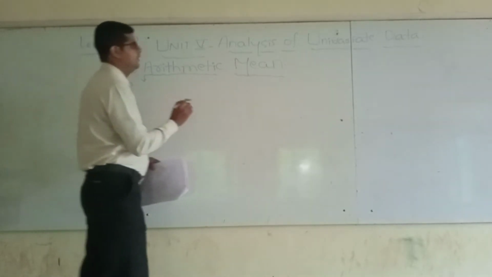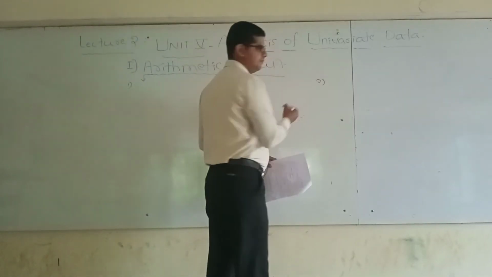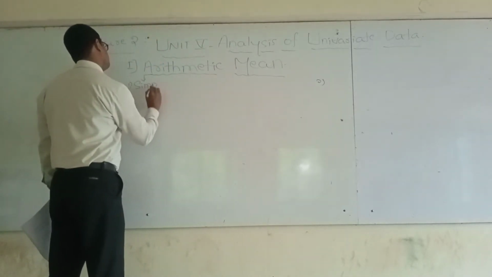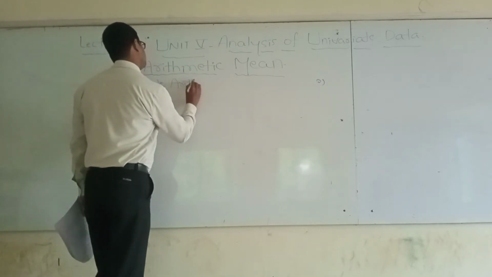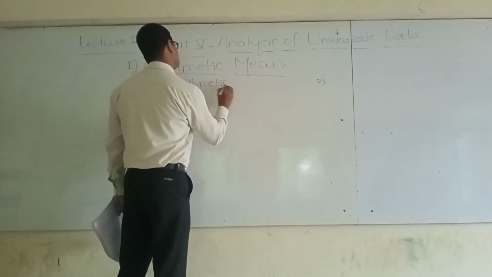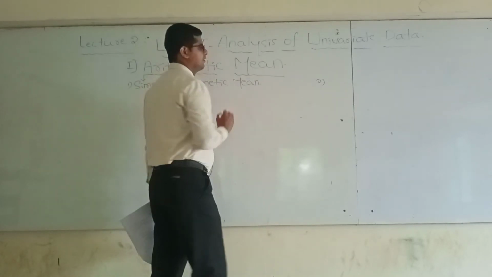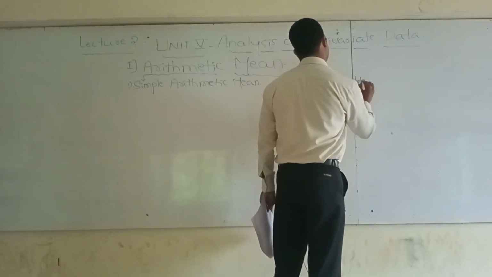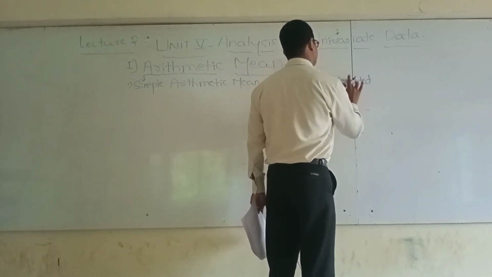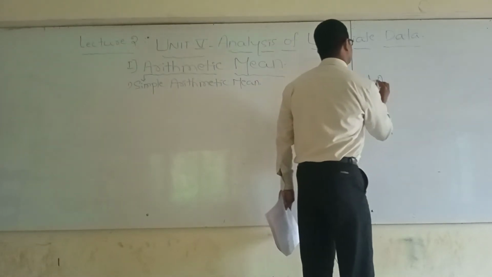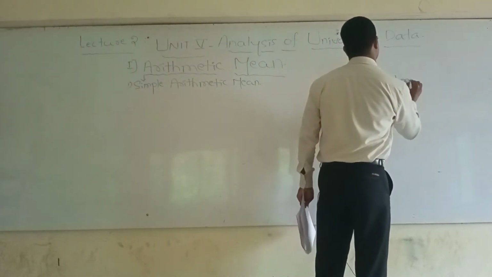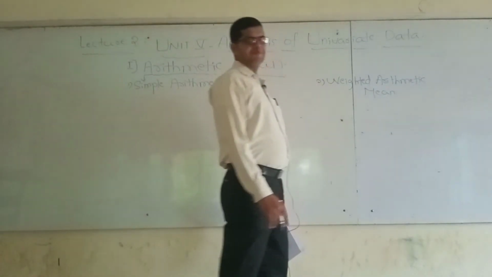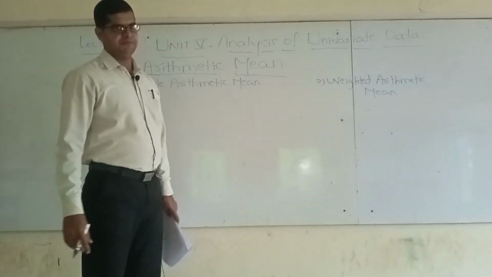Under arithmetic mean, again we have 2 different types. Number 1 is simple arithmetic mean. Number 2 is weighted arithmetic mean.